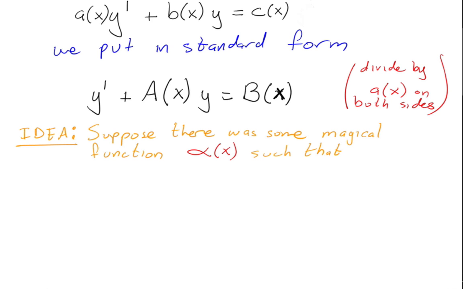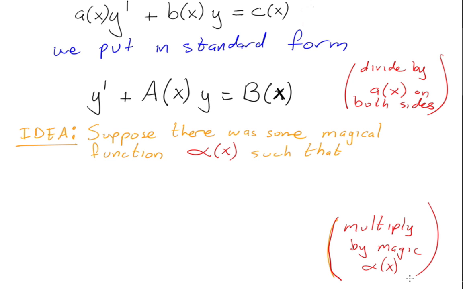But it works. So we're going to multiply through by alpha of x. We're going to leave a little space here, and we're going to multiply by magic.